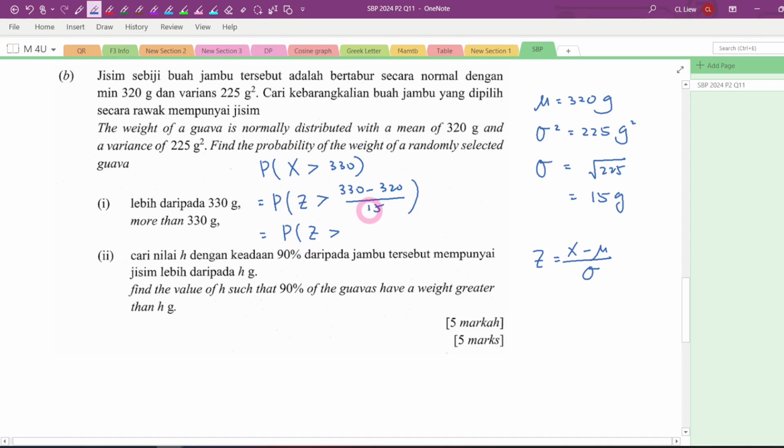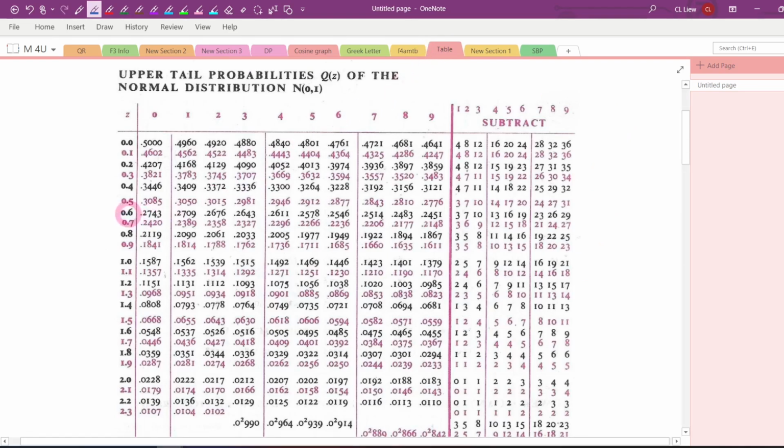So 330 minus 320 divided by 15 is equal to 0.667. Okay, I just take 3 decimal places. Now go to our table, 0.667. 0.6, 7 is over here.